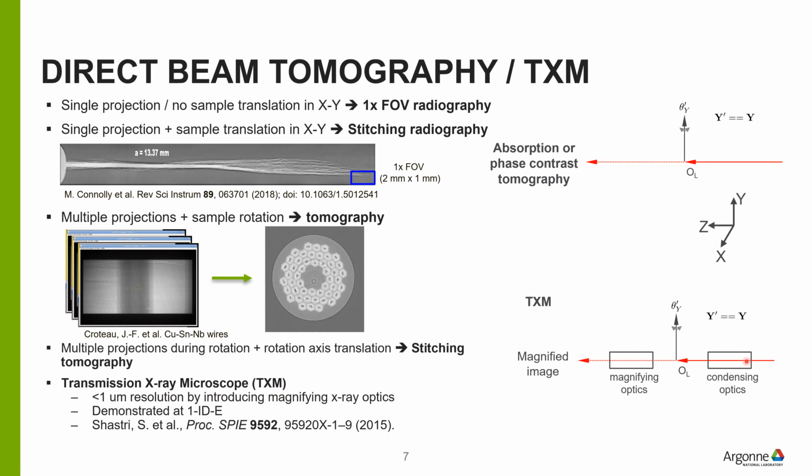This is done by adding magnifying optics on top of this conventional geometry to magnify the real space image and image it on a detector downstream. This will be coming along as part of the program at the new beamline that we're developing at 20ID, the HEXM beamline.